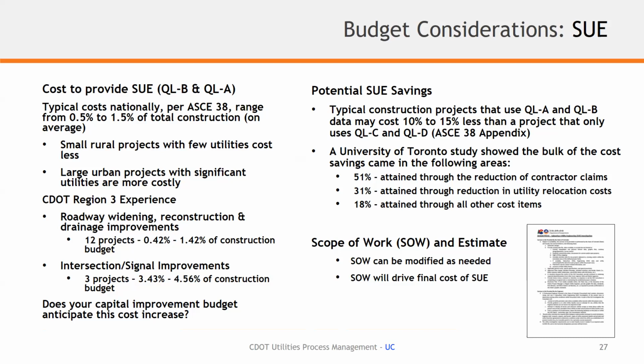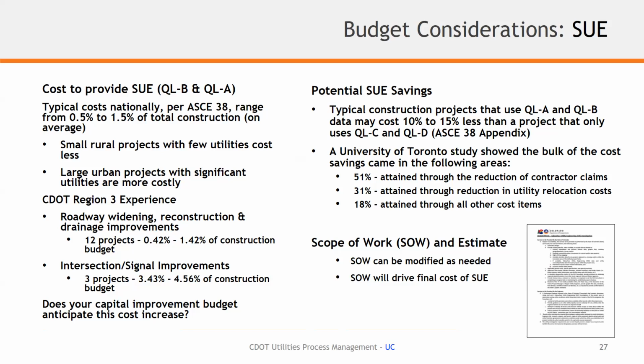We do see information coming out, and we're still early in our process, but when you look at the national data, typical construction projects published that use quality level A and quality level B data may cost, the cost overall will be 10 to 15% less than a project that only uses C and D, and that's attributed to many factors, but a lot of it's attributed to the higher quality, higher confidence you have with spending the money to take it to quality level B and quality level A.